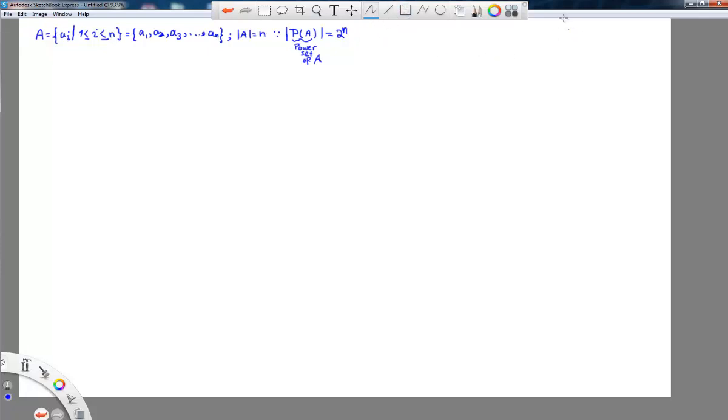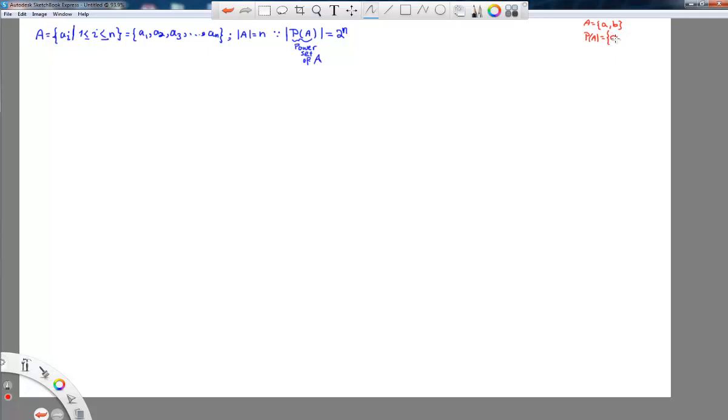Now let's take a look at it on the side here and see if we can give a couple of examples and see how it works. Let's say that set A is a set of two elements, a and b. Then the power set of A will be a set of sets where each of the sets is a subset of the original set.